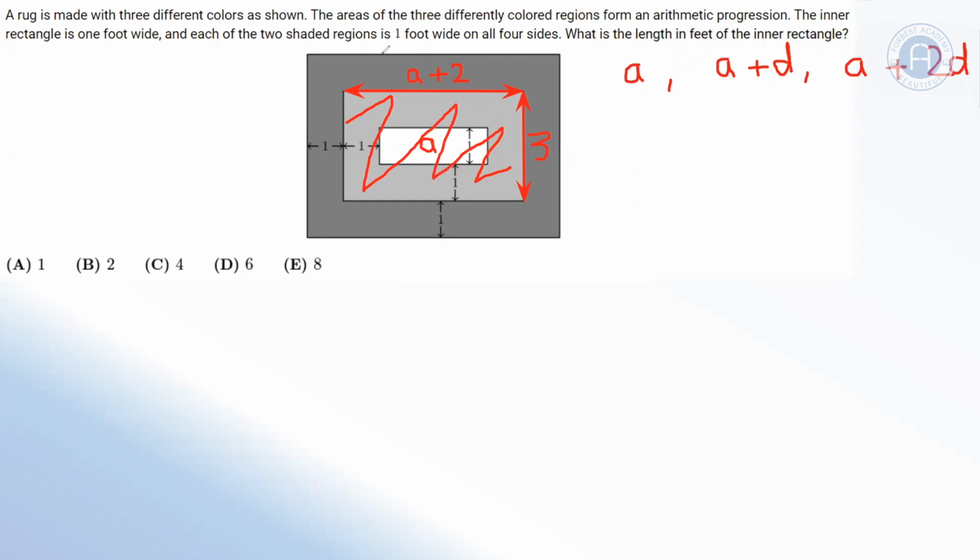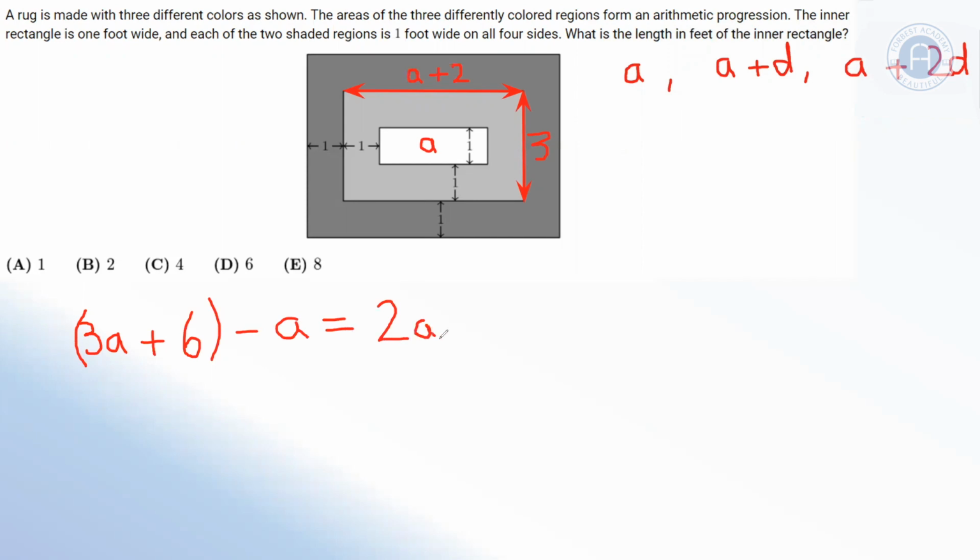That entire area there will be 3A plus 6, length times width, A plus 2 times 3. But obviously we need to subtract the area of our middle color there. So we need to subtract A from that to get the area of just the colored rug. So the area of just the colored rug is going to be 2A plus 6.